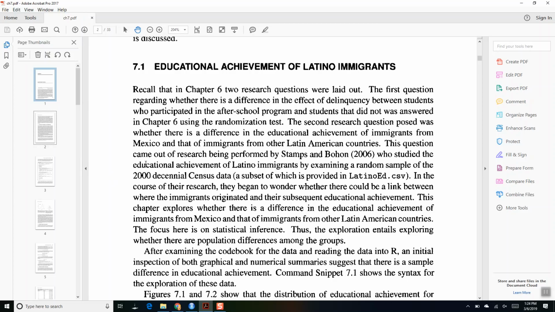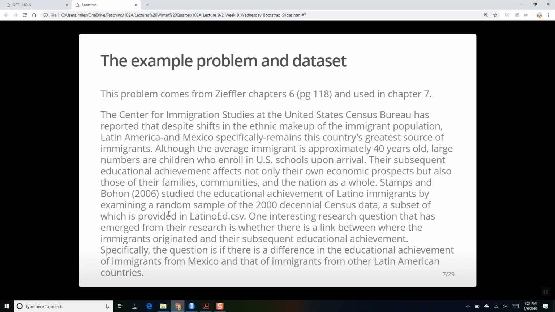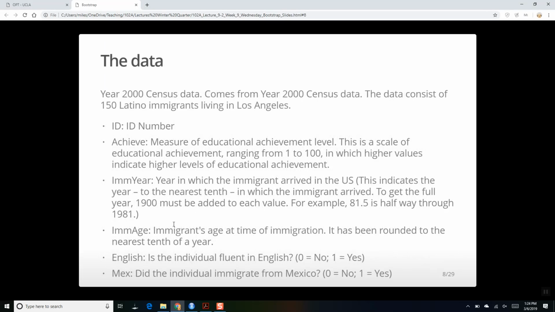And when we look at our data set, these are the variables that they're looking at. There are actually only 150 observations in our data set.